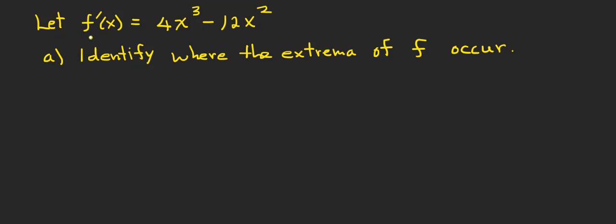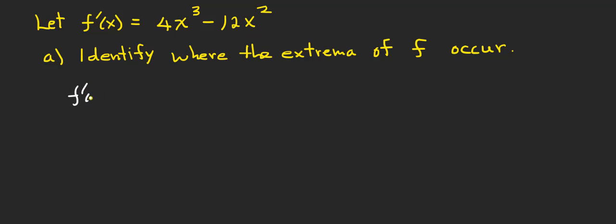Now let's look at this problem here. You've got f prime of x equals 4x cubed minus 12x squared. Part A says identify where the extrema of f occur. So we need to look at the f prime chart, and we have the equation of f prime of x.